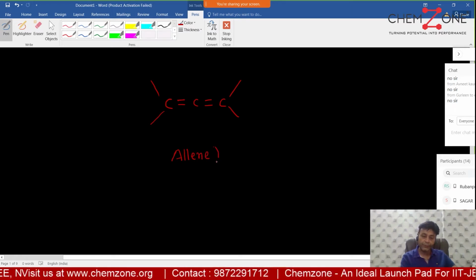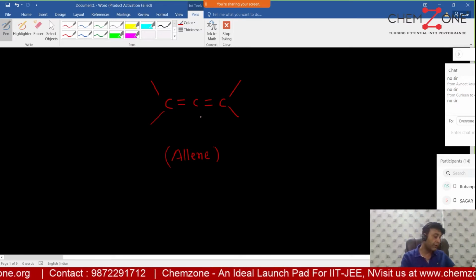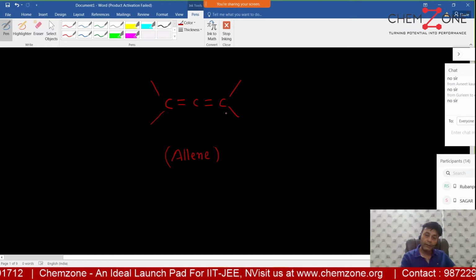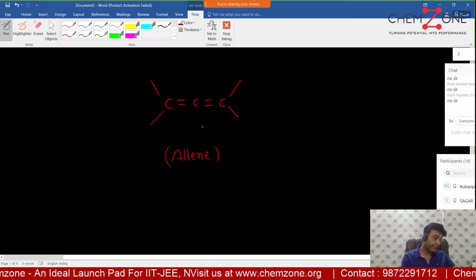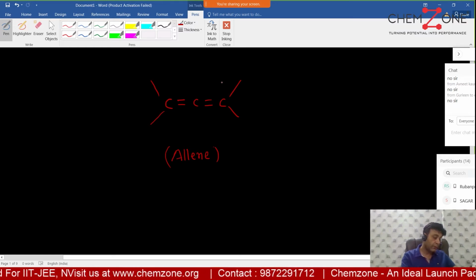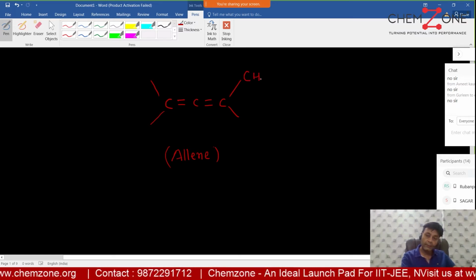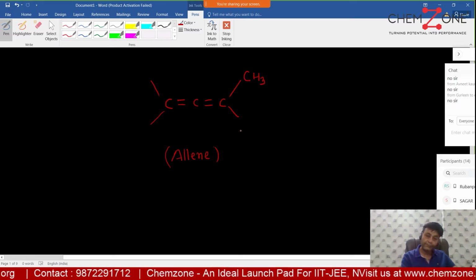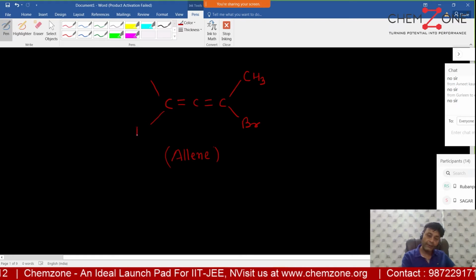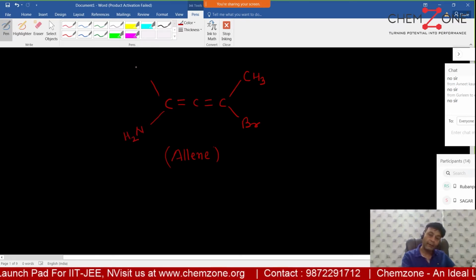Allenes are those compounds in which a carbon is bonded to two other carbon atoms with double bonds, right? And here this is methyl, a bromine here, it is NH2, it is a Cl here.